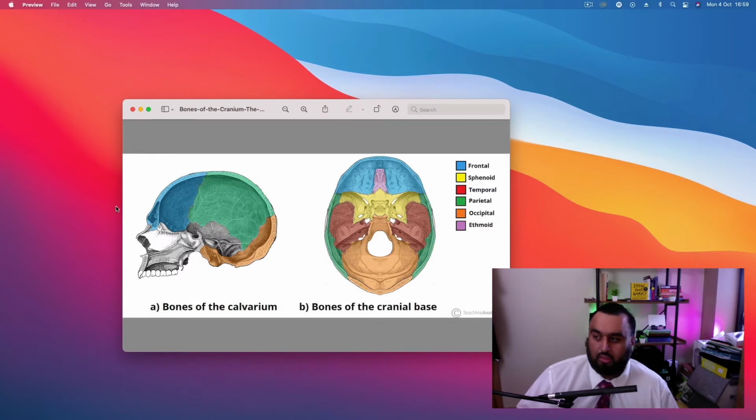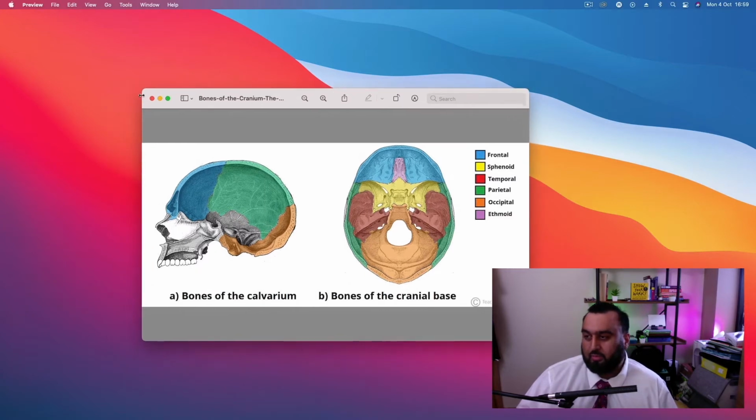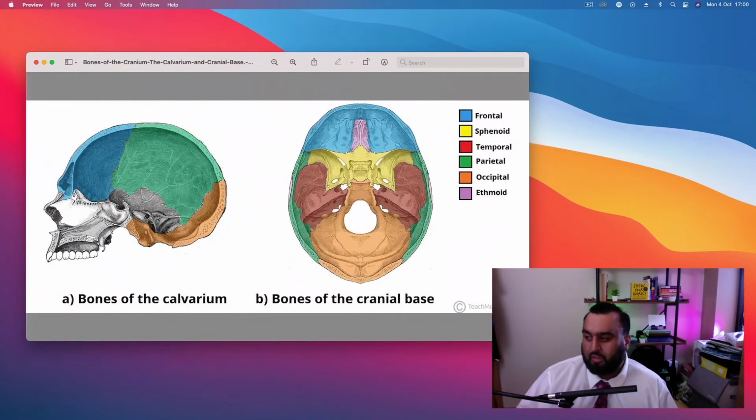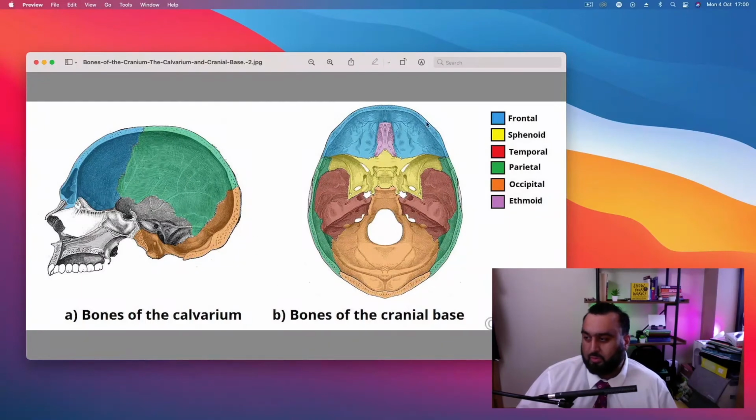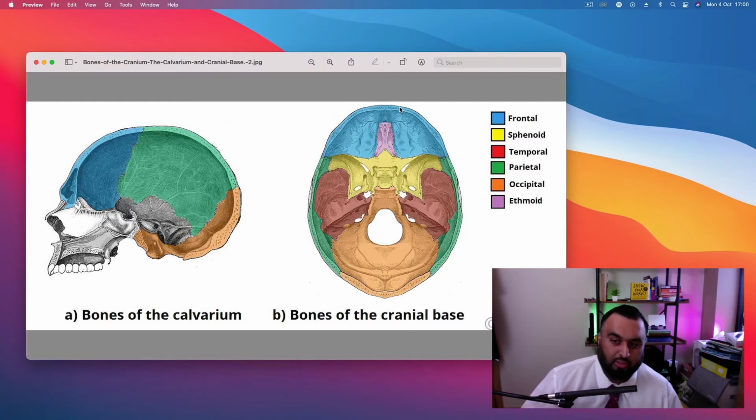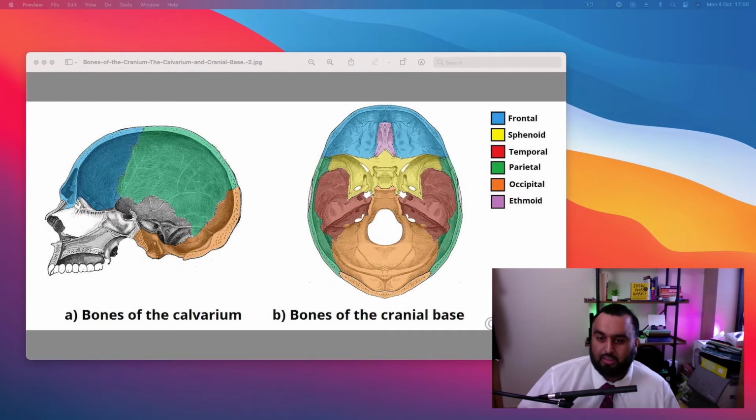So the reason I bring this up is that the cranial nerves, you can learn them parrot-fashion, but if you learn them in conjunction with the cranial base, it'll be so much easier to understand and to memorize as well. Otherwise, you get these diagrams of the cranial base with all the labels on it and it gets very, very intense.